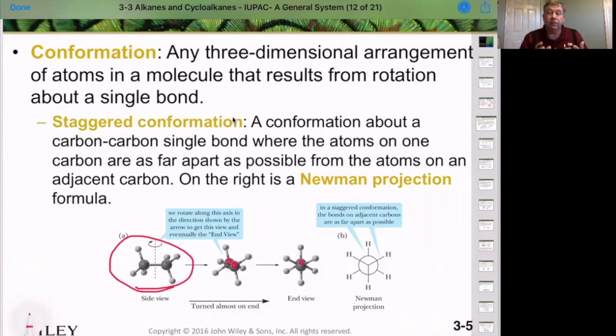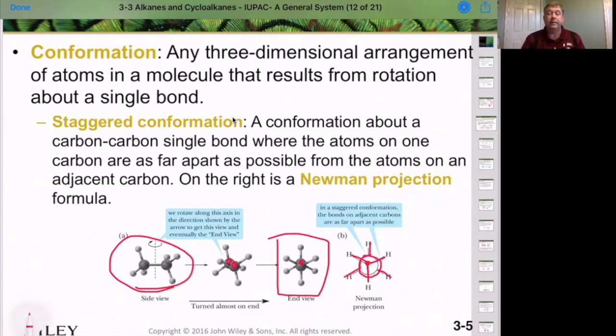There's several different configurations we can have such that we can see where those hydrogens are. And one of the ways we look at this is what we call a Newman projection. In a Newman projection, what we do is we take the carbon that's in front and we draw our nice propeller here. And then the carbon in the back, we get a circle and we draw the propeller here.